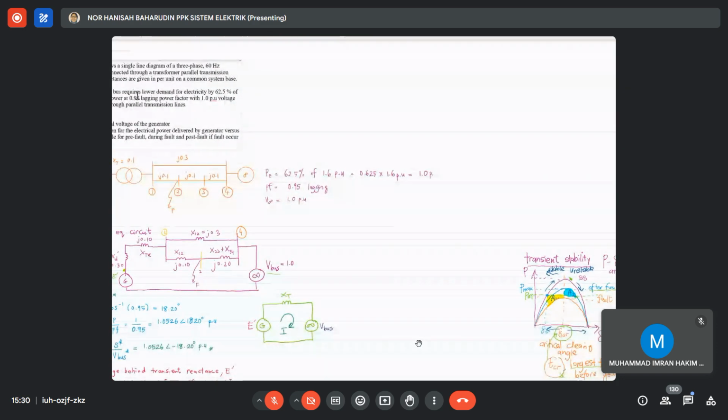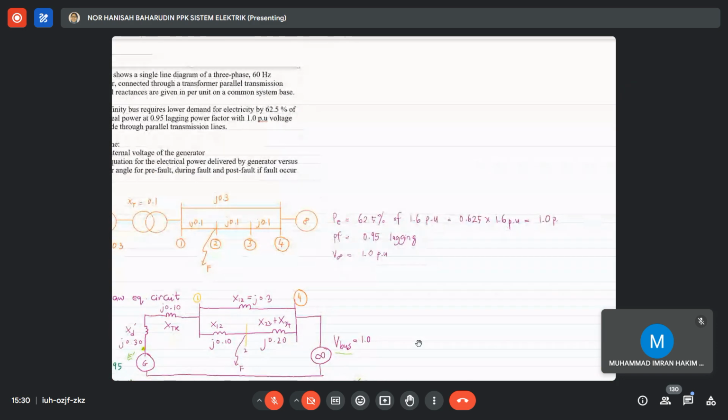For question 2, student, what happens if the same question, single line diagram, 3-phase 60 Hz generator connected through a transformer to a parallel transmission line, parameters are given.